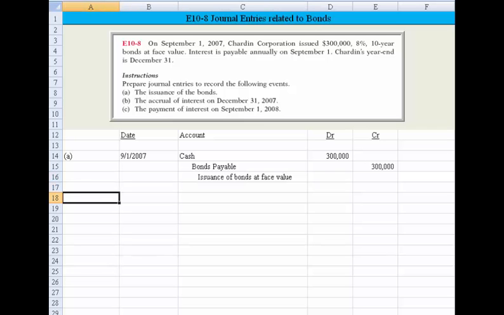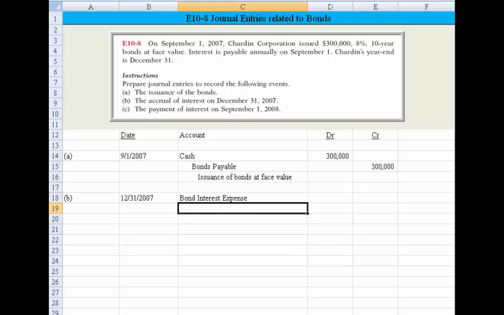Okay, then let's take a look at Part B. Part B says, record the accrual of interest on December 31st, 2007. Okay, well, we know that's the date, and we know we need to record the bond interest expense, right?